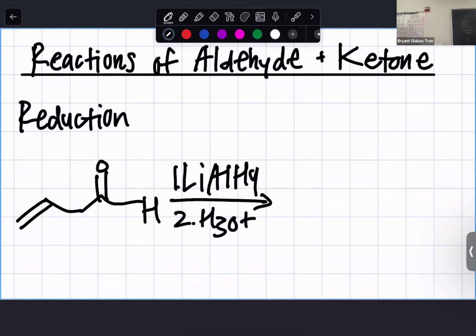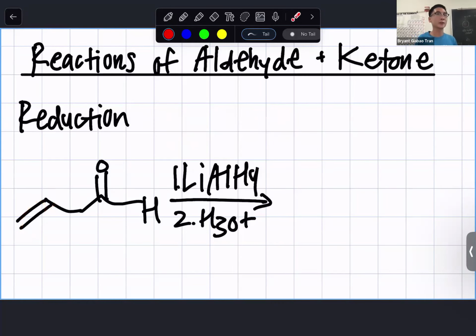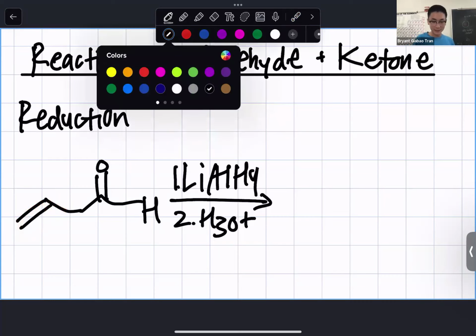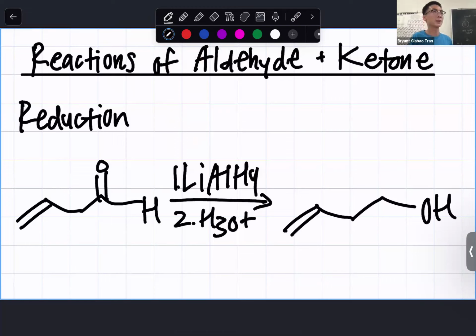Will the alkene be touched by the reducing agent or no? Oh, I think you're thinking about H2/Pd-C. H2/Pd-C would react with this alkene, but LiAlH4 or NaBH4 would not react with this alkene here. So the alkene will stay untouched and convert that aldehyde into an alcohol, reduce the aldehyde into the alcohol.